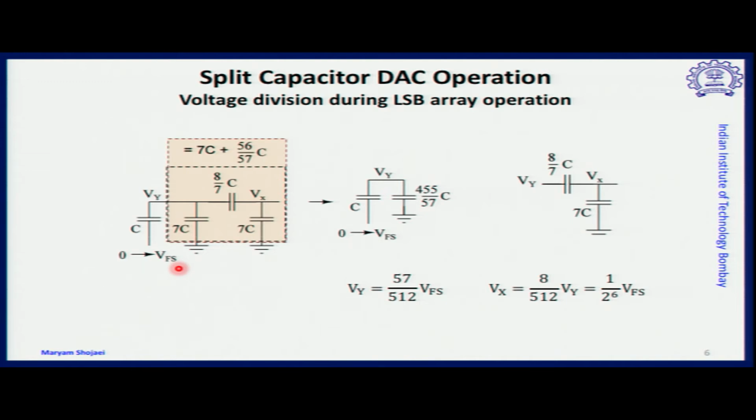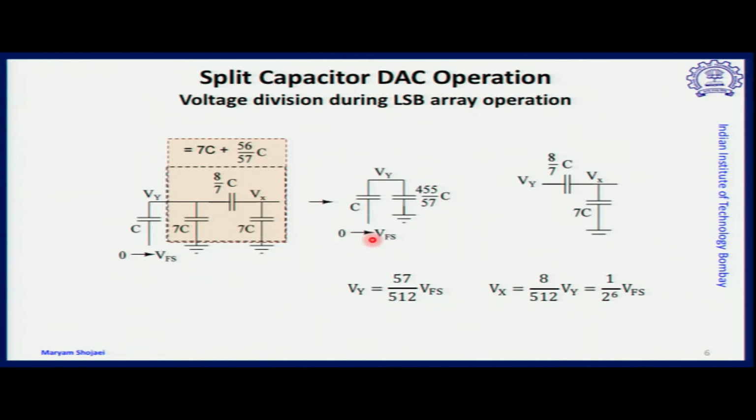For simplicity, I am just showing you the switching from 0 to V full scale, because the main motivation is to show the division. The total value of capacitor shown in this square is 7C plus 56/57C.